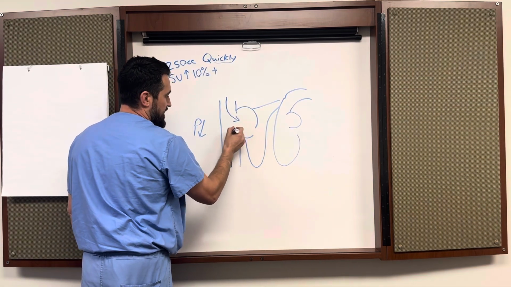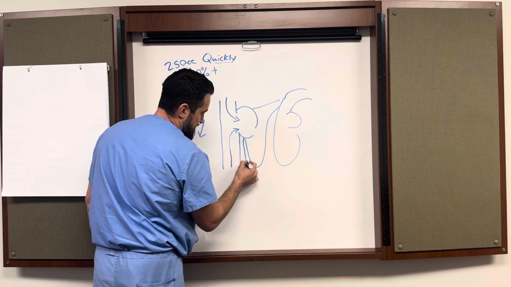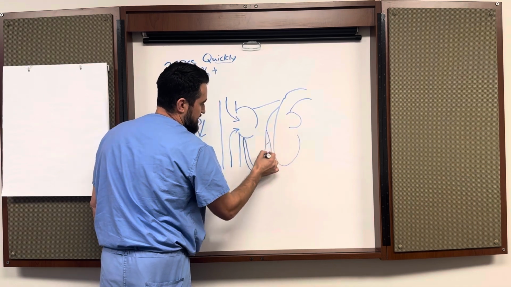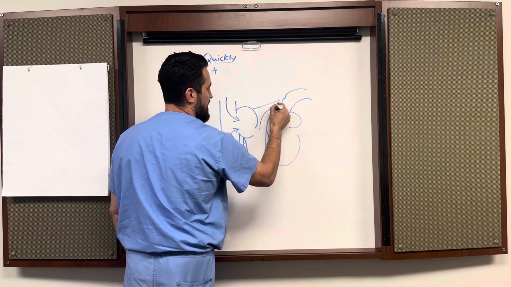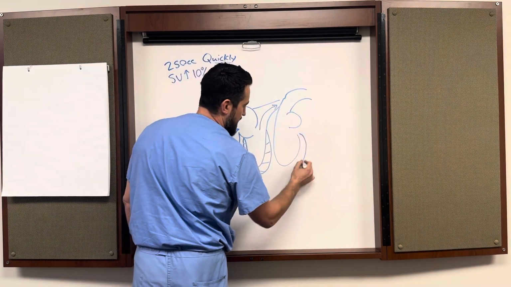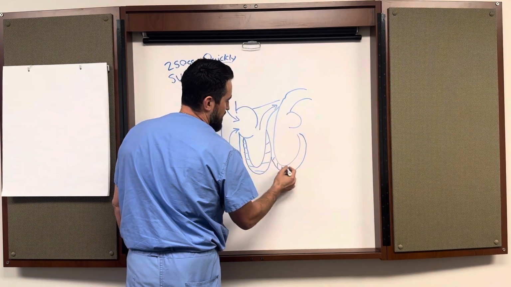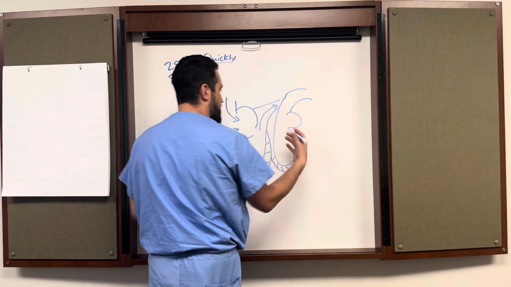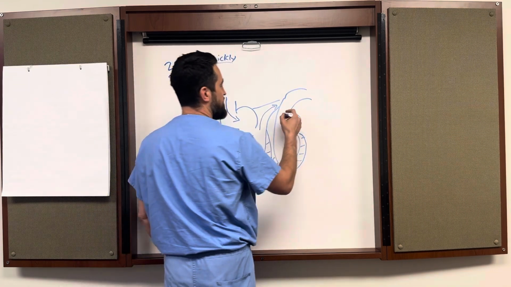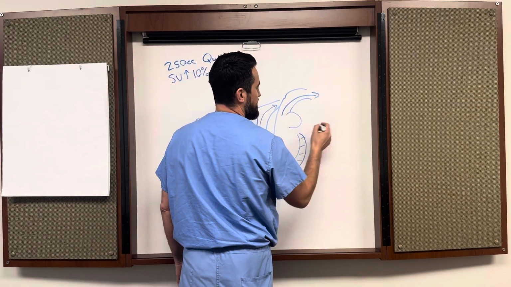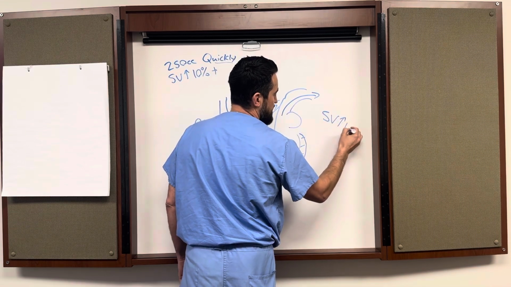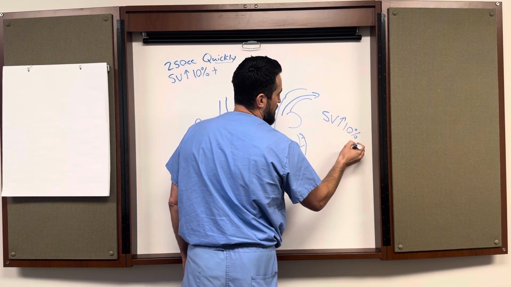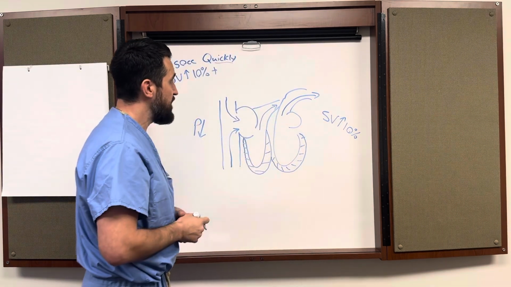The volume comes in, and the right side either stretches and accepts that volume or it doesn't. The same thing happens on the left side after the pulmonary bed. If both sides have been able to accept this extra volume, we'll pump it out into the arterial system, where we're measuring for the stroke volume increase of 10%, a yes or no answer.